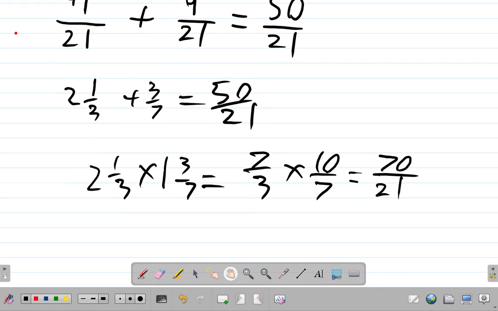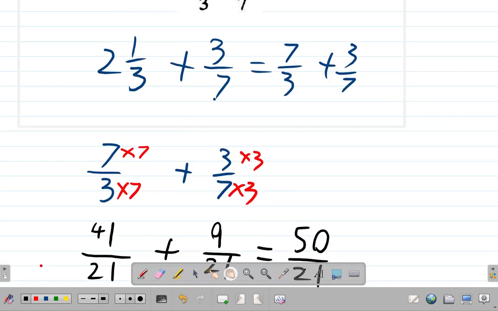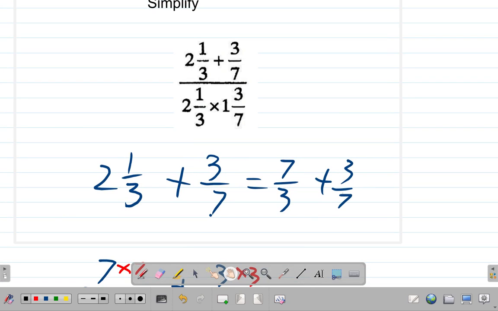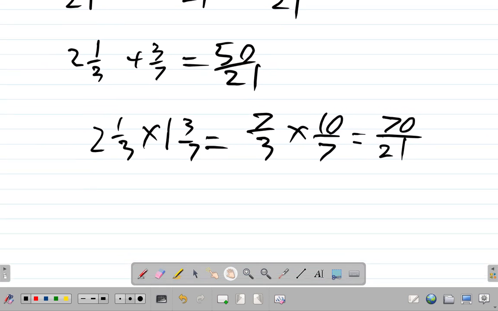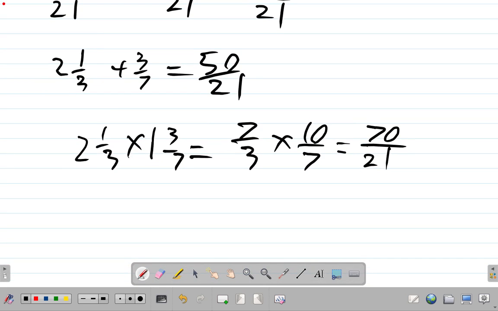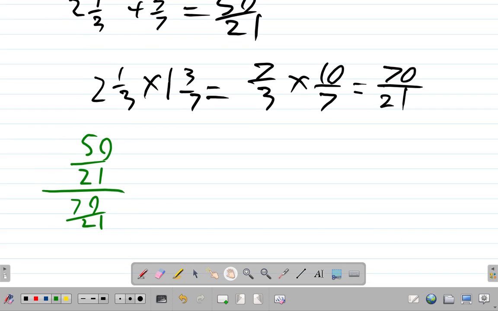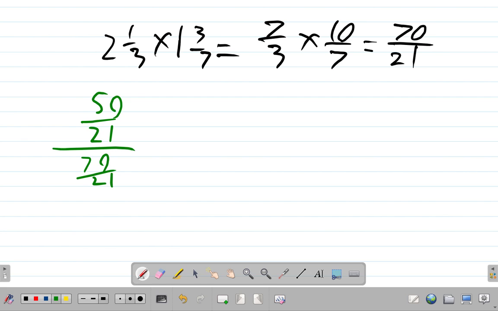Remember the 50 over 21, this was the numerator. And then below that amounts to 70 divided by 21. So what we get here now is 50 divided by 21 divided by 70 over 21. Now here, you remember what to do?